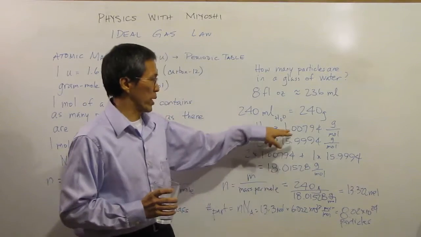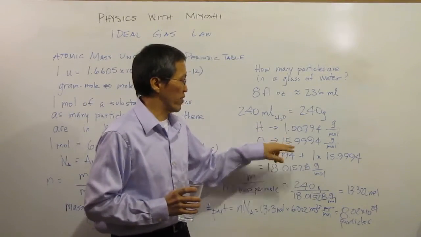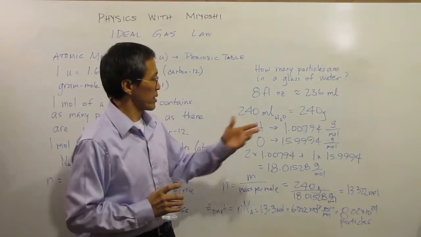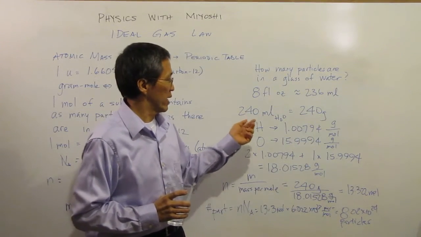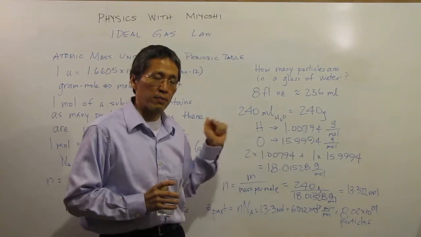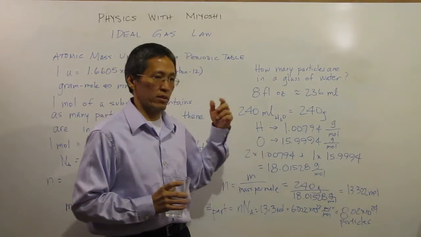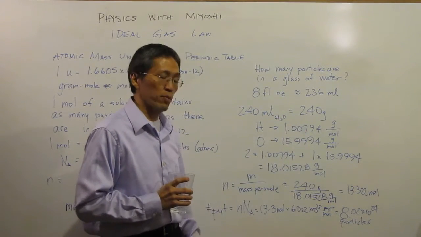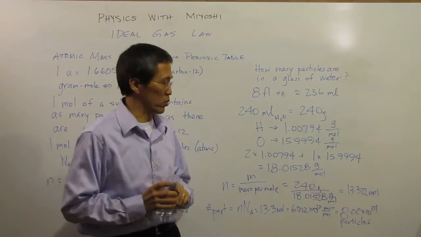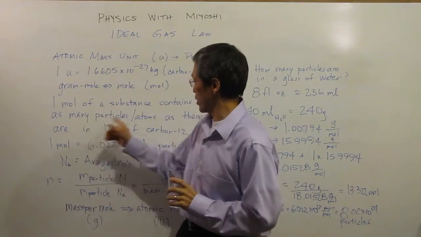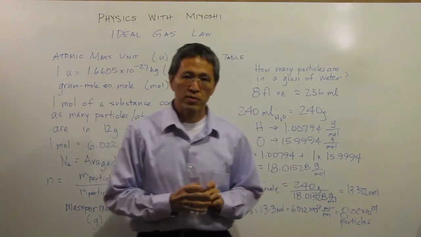By the way, you might wonder why this wouldn't be just 1 and 16. The reason is that they take into account that all the hydrogen is not one type of hydrogen. There are isotopes, which are different variations of hydrogen, and different variations of oxygen as well. And back to our carbon, there are different types of carbon as well.